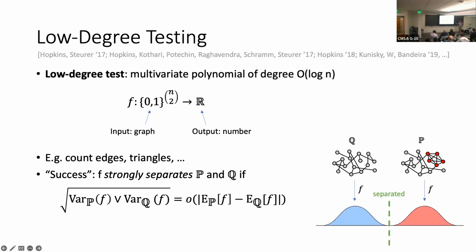The best known algorithms can actually be turned into polynomials, and then we can prove that these low degree polynomials fail in the conjectured hard regime. So for example, for planted clique, we know that these tests succeed when k is bigger than root n, and that they provably fail otherwise.